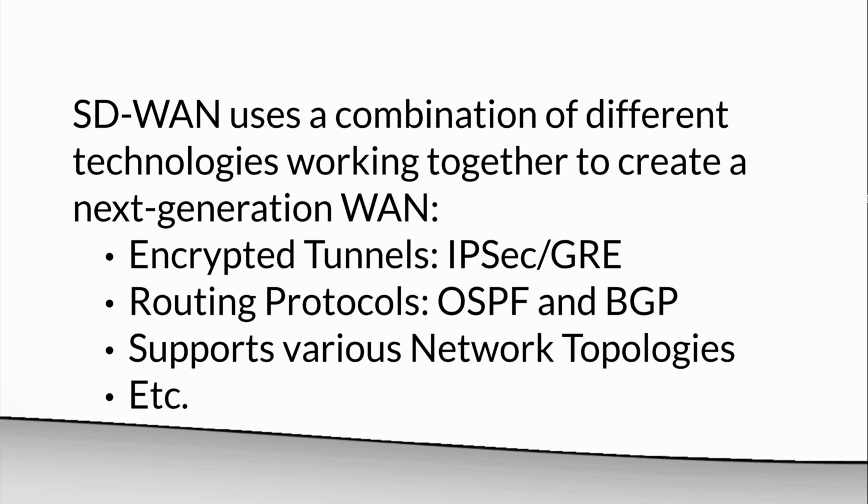Routing protocols like OSPF and BGP, they've been around a long time as well. And various other network topologies that you can create. You can have point-to-point, partial mesh, full mesh. You can create whatever your heart desires from a network topology perspective because you're no longer bound to the type of circuits you have. You can now create virtual overlays. So it's a very exciting technology and a plethora of other things that you get with SD-WAN.